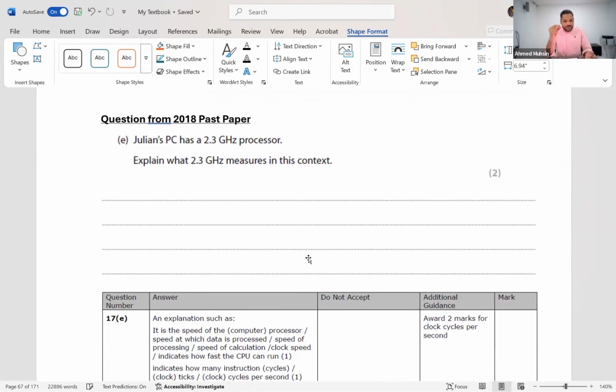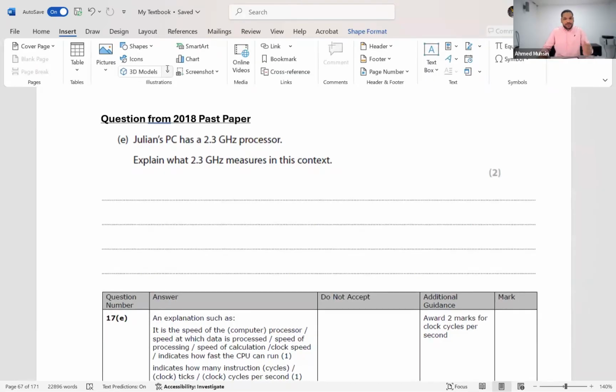Explain what 2.3 gigahertz measures in this context. It is the speed of your processor. Exactly, the number of instructions executed every second. Perfect answer. Let's combine both of them.